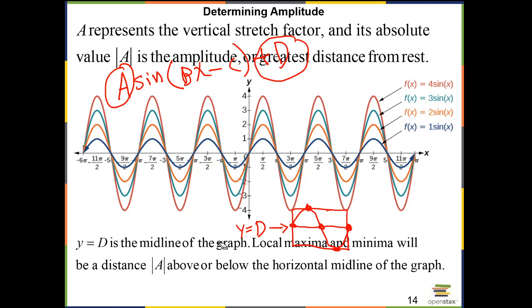Now, how do we get that d? It looks like d is the maximum plus the minimum divided by 2, right? Always. So the formula for d is the max plus the min divided by 2. And we're going to talk about this in a second. But that's what this number does, is the amplitude. Absolute value of it is the amplitude.